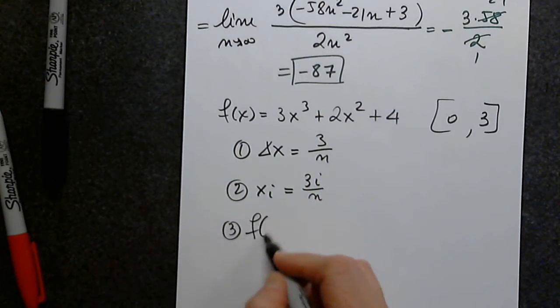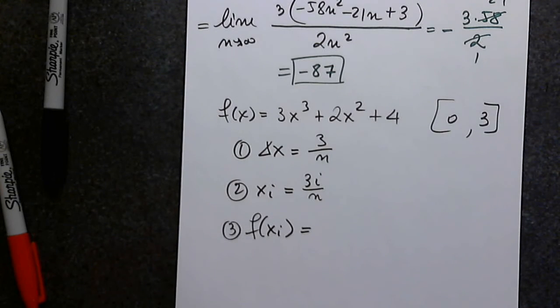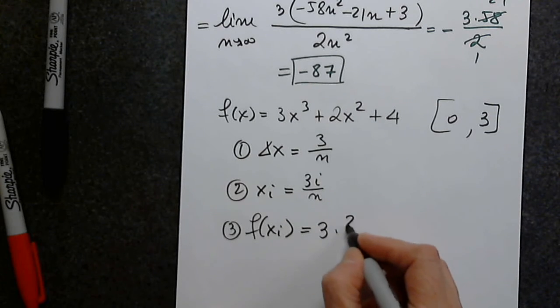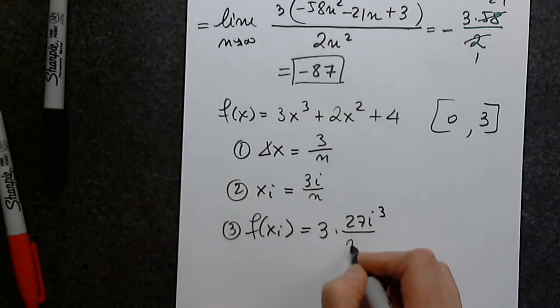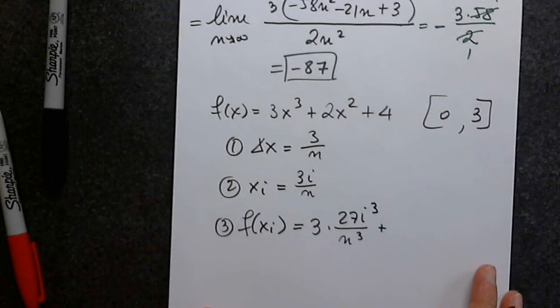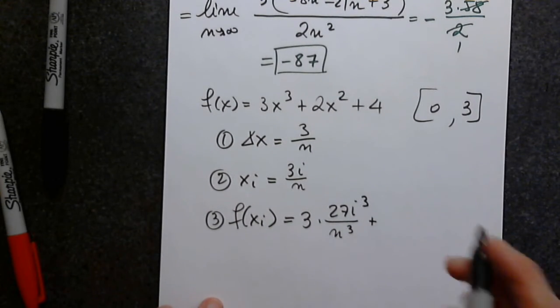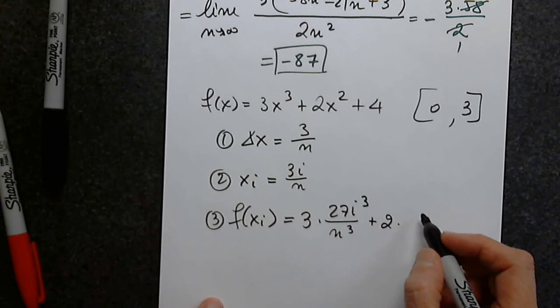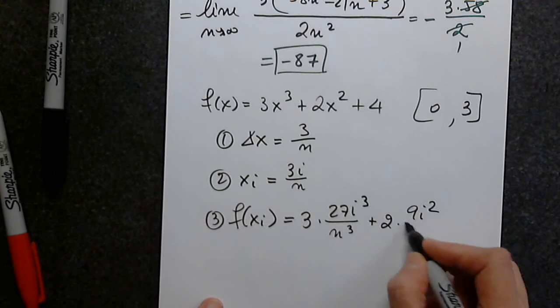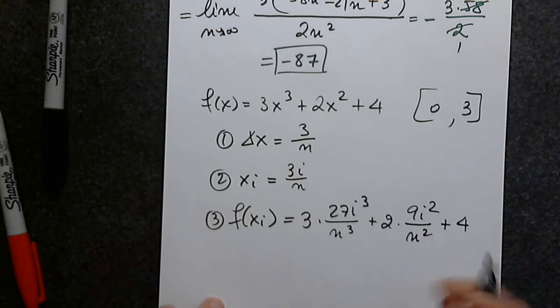And now f of xi. 3 times 27 i cubed over n cubed plus 2 times 9i squared over n squared, and plus 4. Agreed?